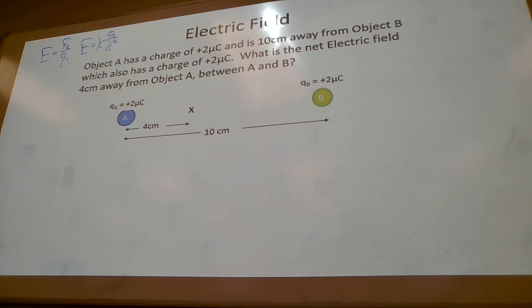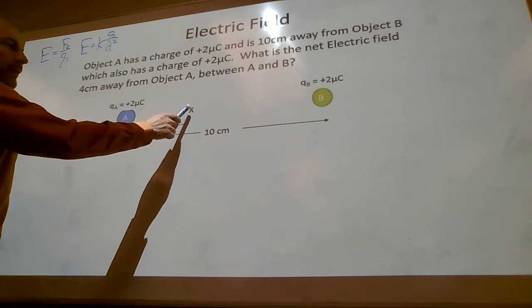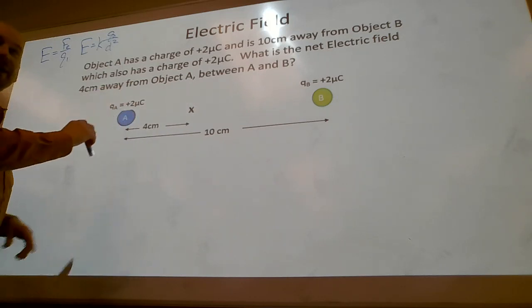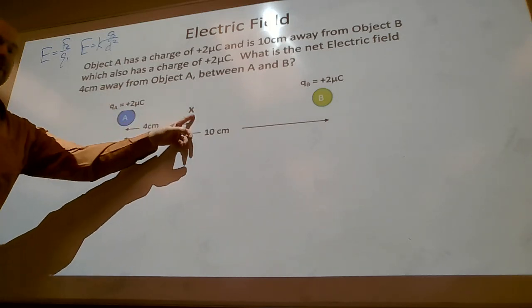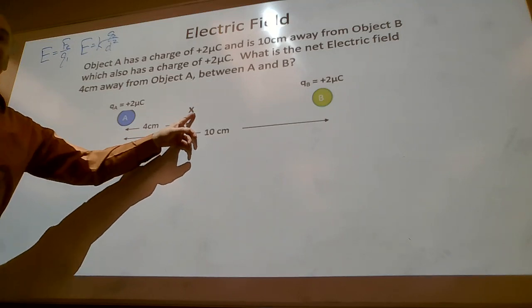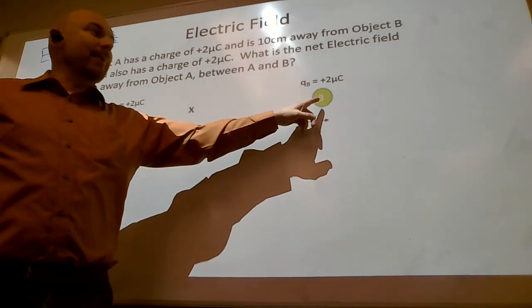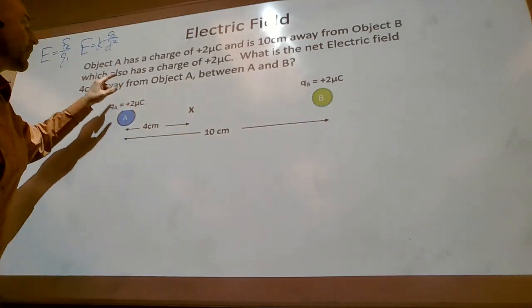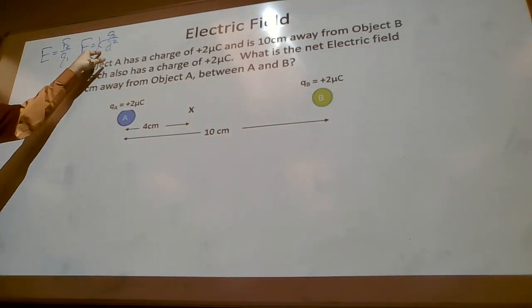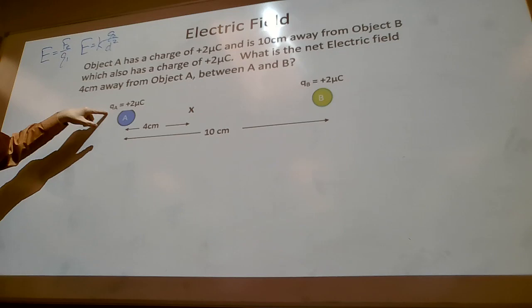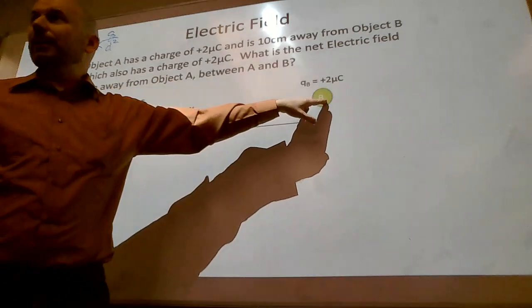Thumbs up when you have a guess. Because I'm looking for the strength of the electric field created by A at this location, and the strength of the electric field created by B at this location, I'm going to use this equation twice, once for A and a second time for B.